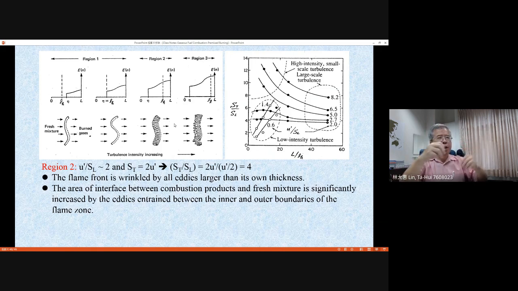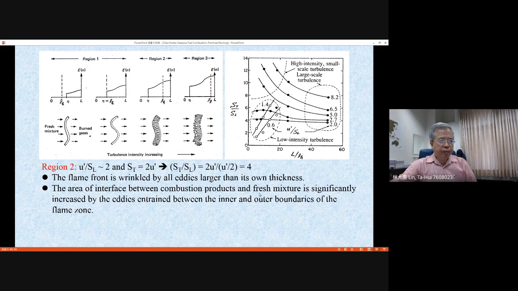The same thing, if you have an eddy coming from the product side, it brings the high temperature products and penetrates into the flame thickness. Then they increase the interface, and these connections between the combustion products and the fresh mixtures give you strong interactions and promote the overall chemical reactions.